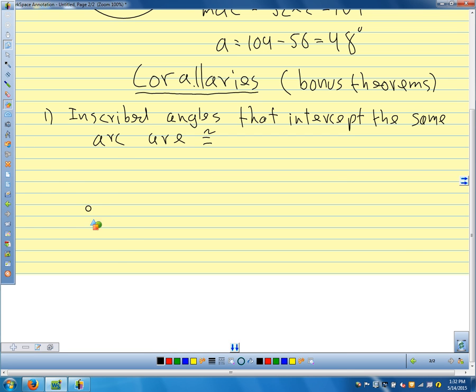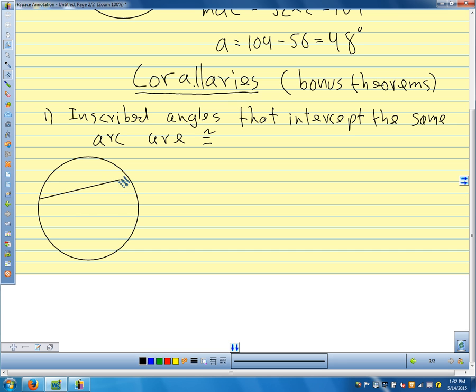So our picture there, there is one angle that intercepts this arc, and here is another angle that intercepts this arc.